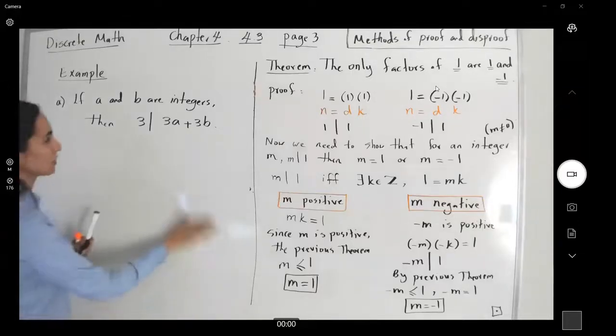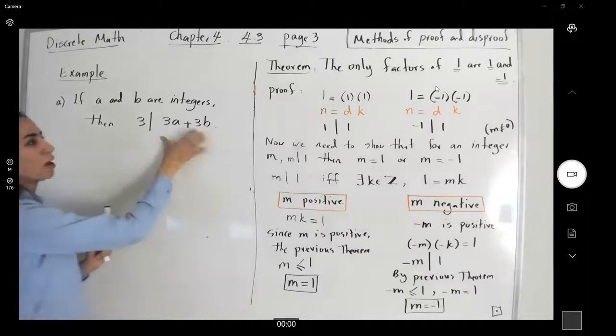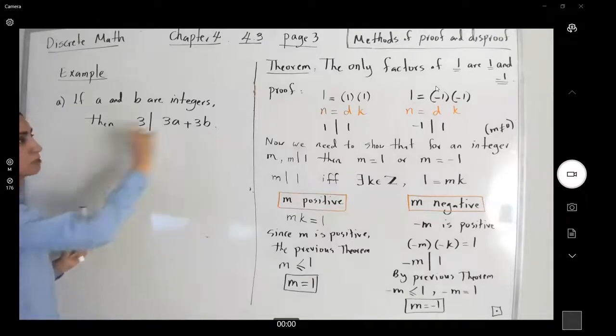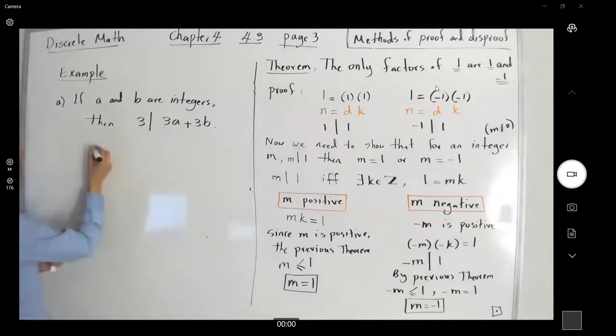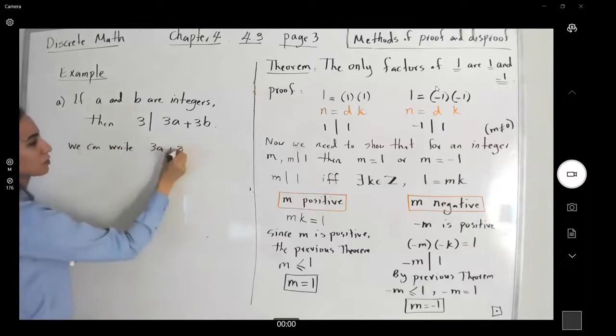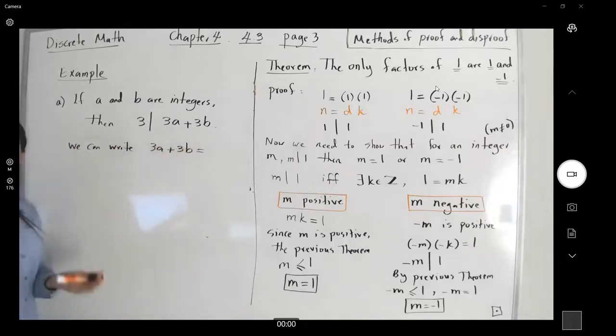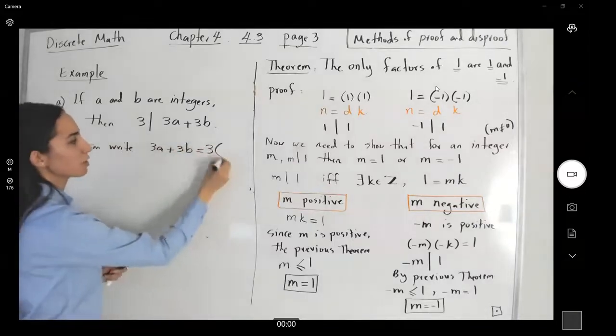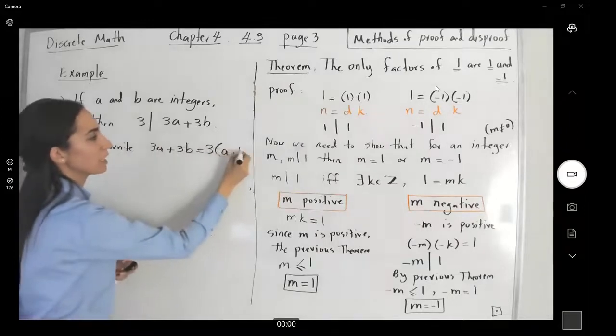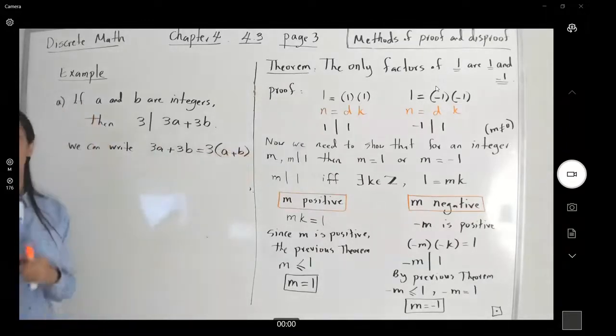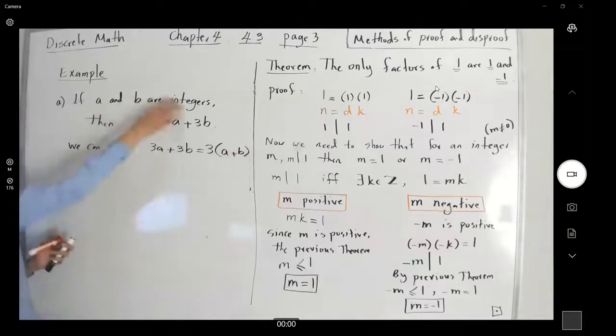Well, 3 divides 3A plus 3B. So first of all, we can write 3A plus 3B equals, in algebra, we learned that if we factor out 3, we end up with 3 times (A plus B). What is A? What is B? Those are just integers.